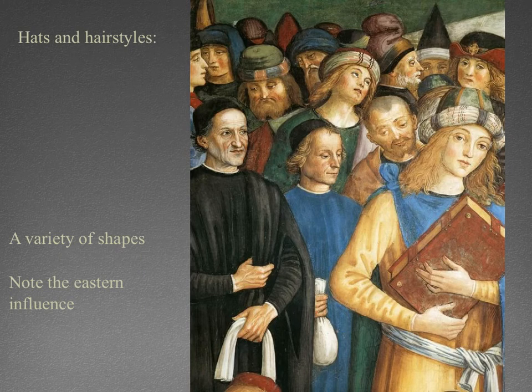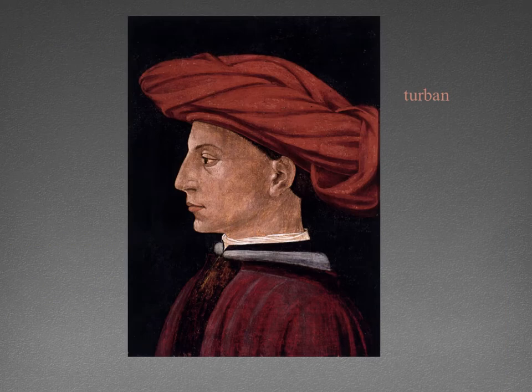Let's talk a little bit about men's headwear and hairstyles. Remember, Italy is this kind of crossroads between the East and the West, as Europe perceived it. So there's going to be lots of influence from the East, from Persia and from what is now Turkey and from even further east. So, for example, it wouldn't be unusual to see a man in a turban.